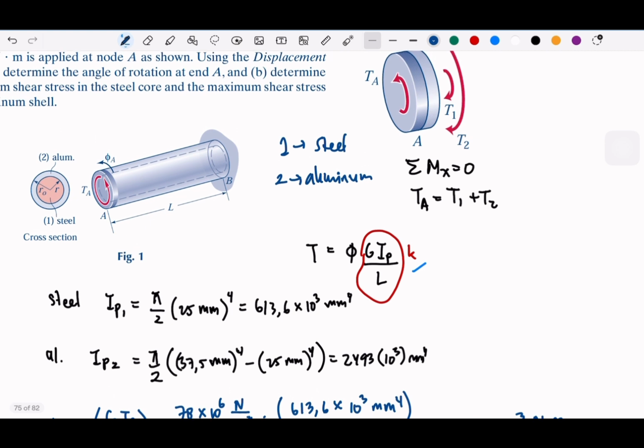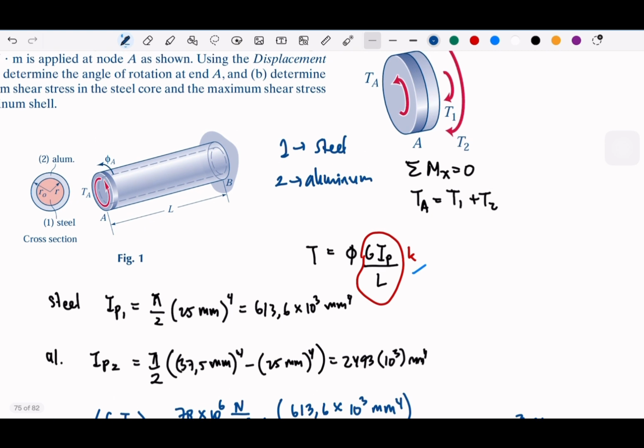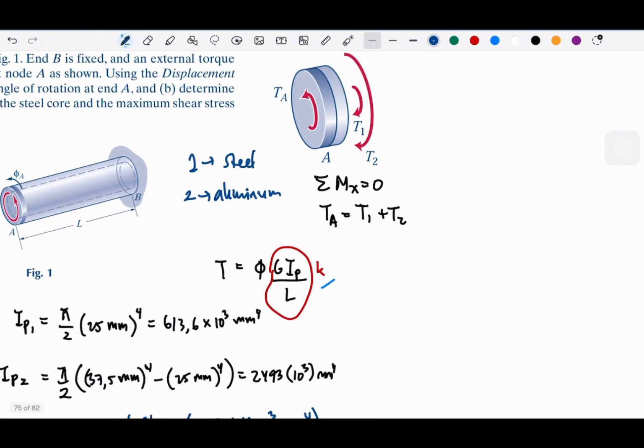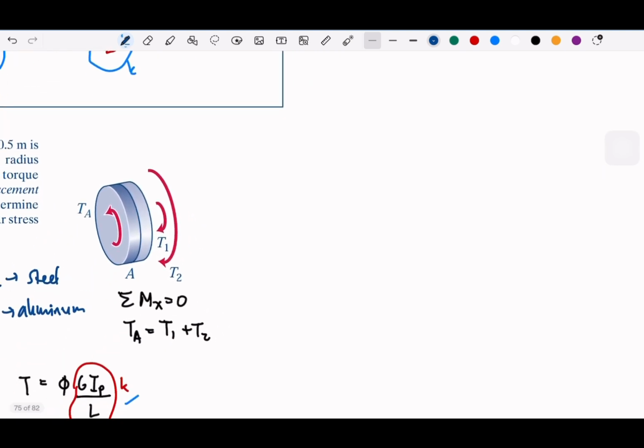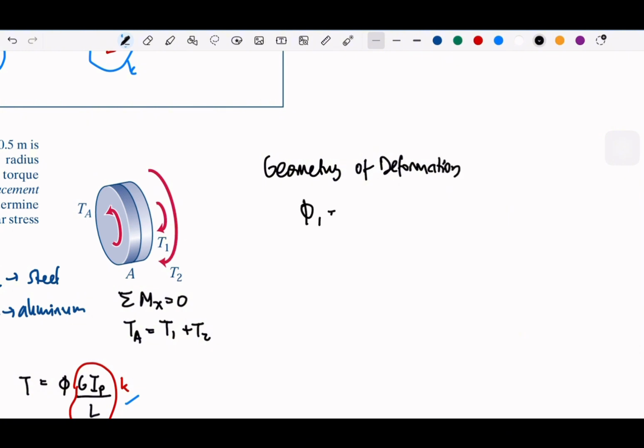Since these two elements are in the same one piece of the shape, then the angle is going to be the same angle. So the deformation, we can write here, the geometry of deformation. For 1 and 2, the twist angle will be the same.